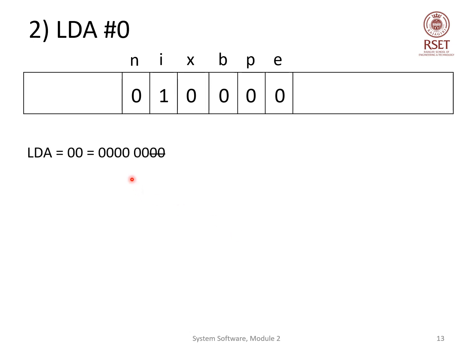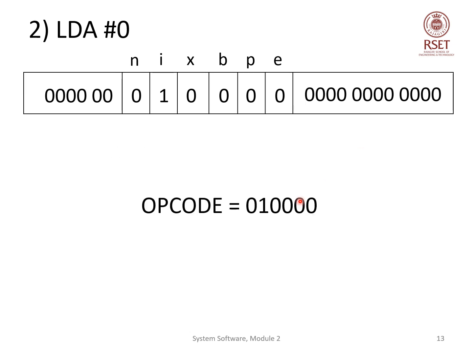It is written as 8 zeros. We'll ignore the last 2 and put it in the opcode field. Now what has to come in the displacement? The next column, the immediate value, that is 0. So that makes the opcode 010000. How did you get this? 0, 1, 0, 0, 0, 0.